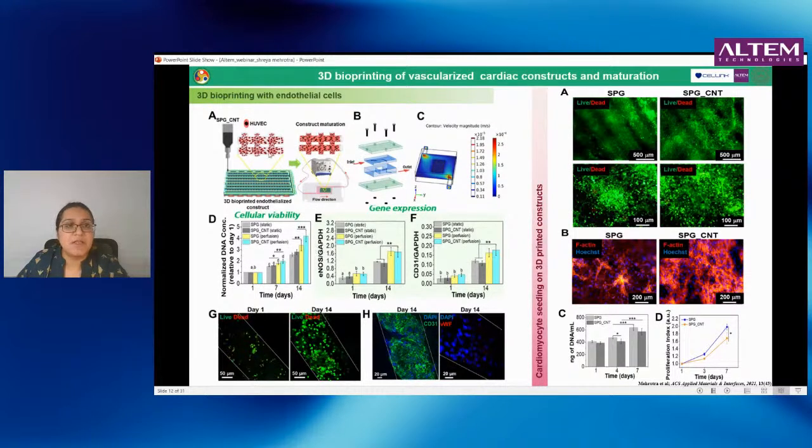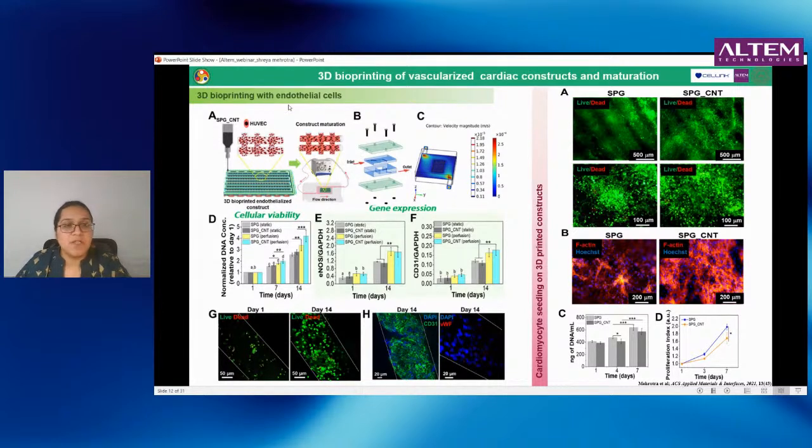So once we printed these HUVEC-laden bioinks to form a 3D construct, this construct had a quasi lamellar structure which was similar to the native architecture of the heart tissue. We could easily get it using a set of G codes and an extrusion printer, where we could get these fine microfibers as well as the arrangement in a 3D environment.